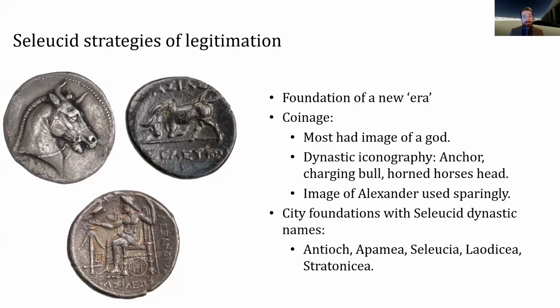There were some Alexandrias, harkening back to Alexander the Great, but there were many Antiochs, Seleukias, Laodiceas, and Stratoniceas, which were all named after the Seleukid dynastic line. Antiochus, Seleucus, Laodicea is one of the wives, Stratonicea, one of the wives. So very much beholden to this idea of city foundation as a sign of a good king.